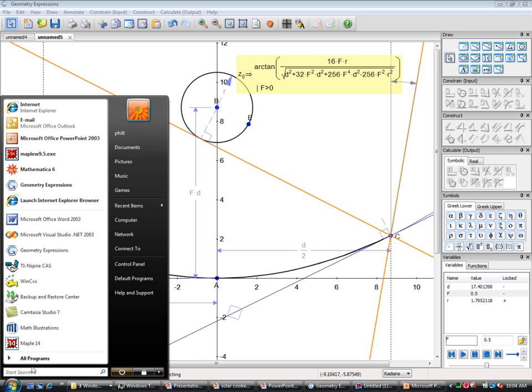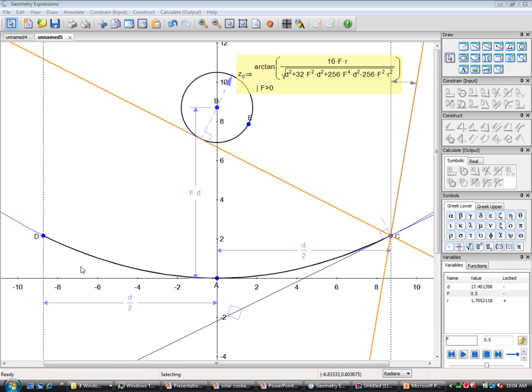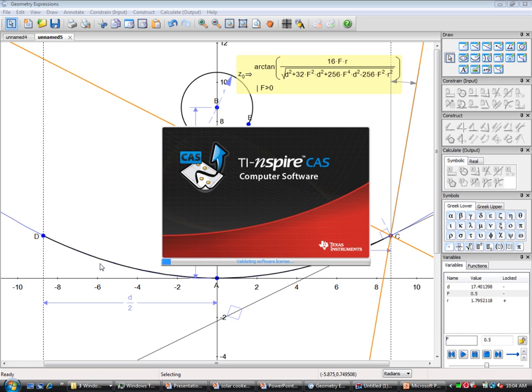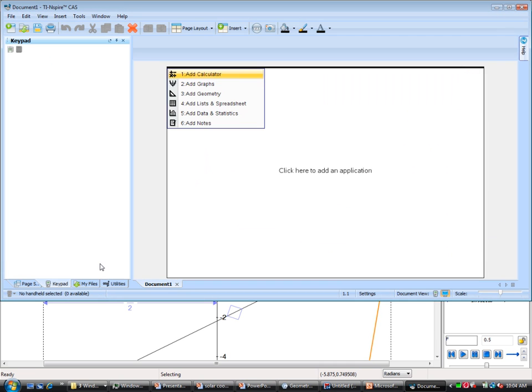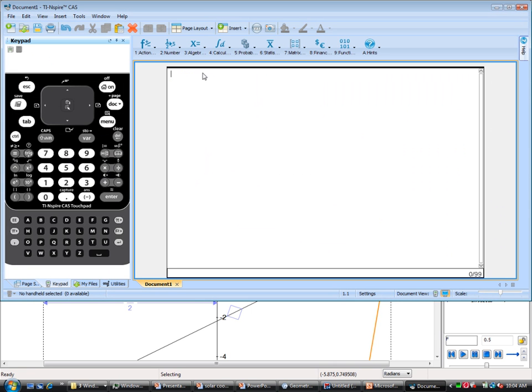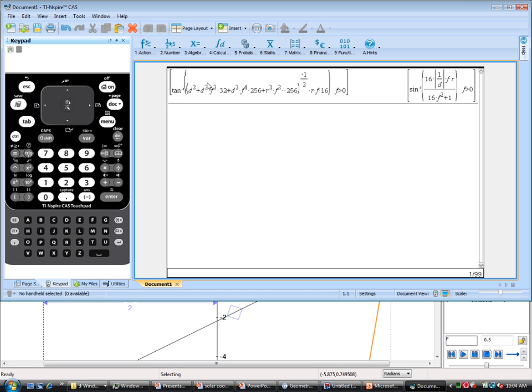I don't have TI Inspire running, so I better start it. So here I have that expression. Note the Inspire simplified it considerably.